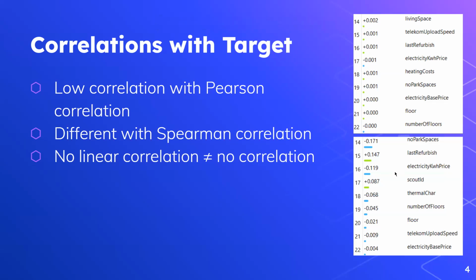However, when we changed the correlation to Spearman, which explores nonlinear correlations, we saw that some of the features indeed do have low correlation, but the correlation values changed. For example, number of floors seemed to have zero correlation, but we couldn't remove that feature because it has a non-linear correlation. Actually, it has a correlation. So no linear correlation doesn't equal having no correlation.